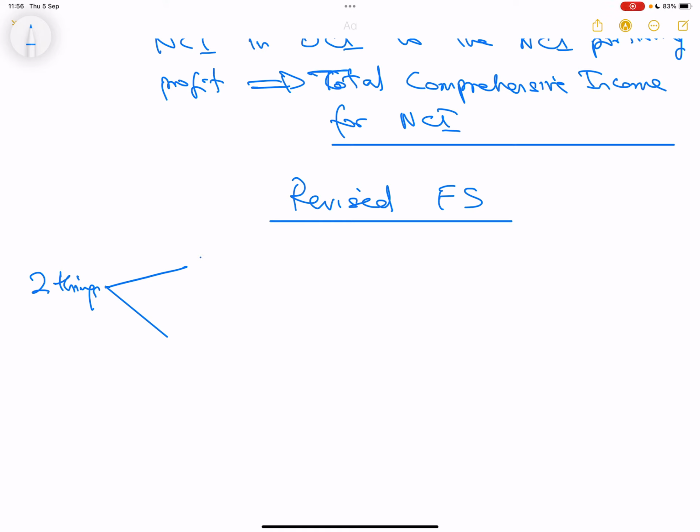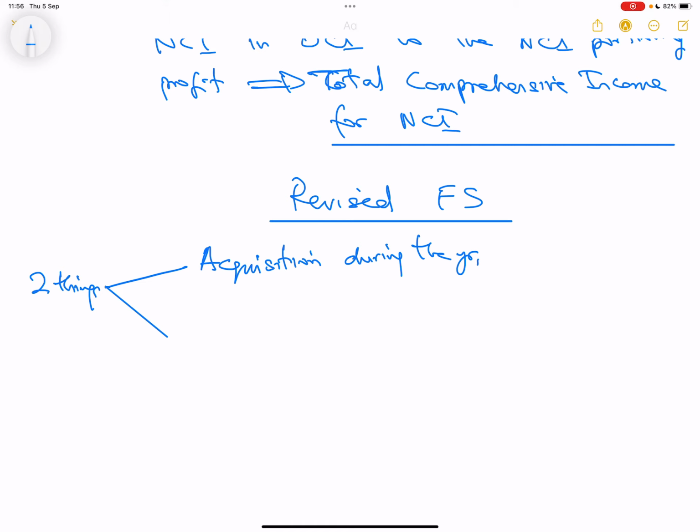The first one is when acquisition takes place during the year. So when you have acquisition during the year, remember what you need to do. You need to prepare proportionate values of income and expense, assuming that all those numbers were accrued evenly during the year.